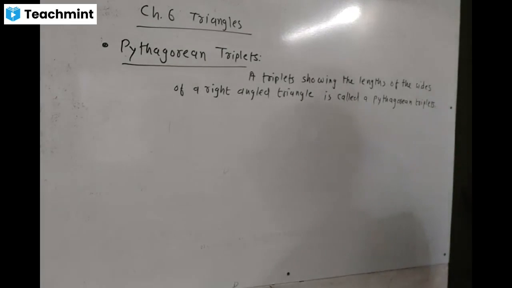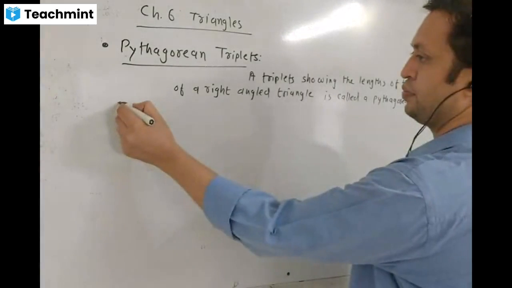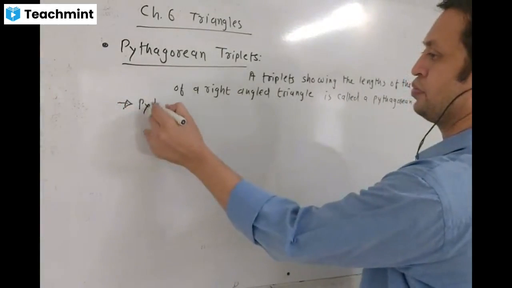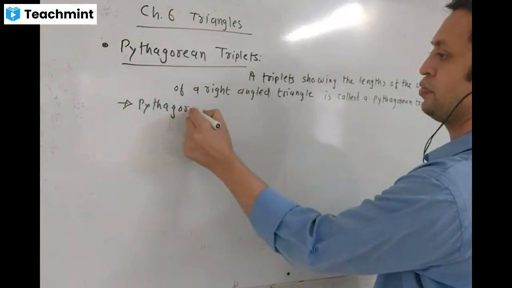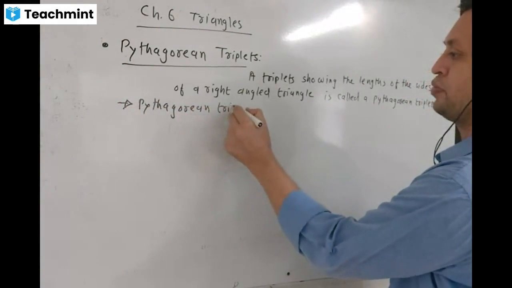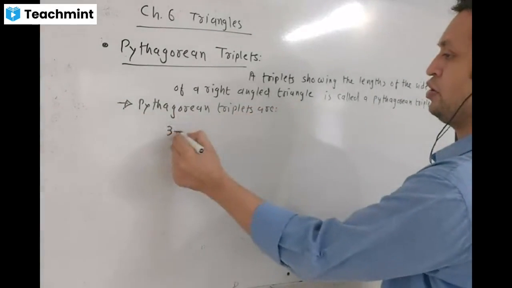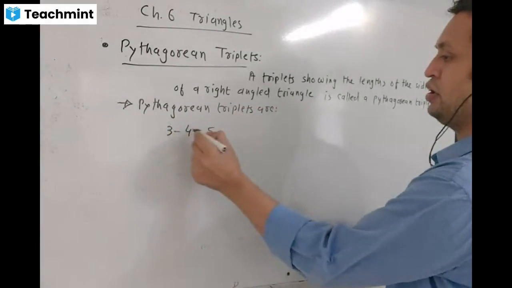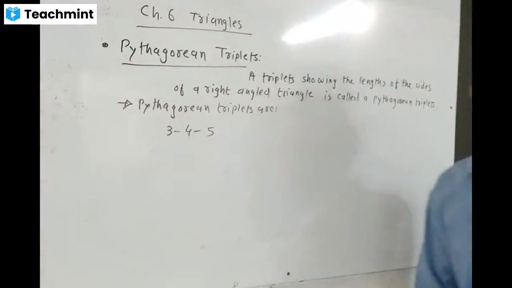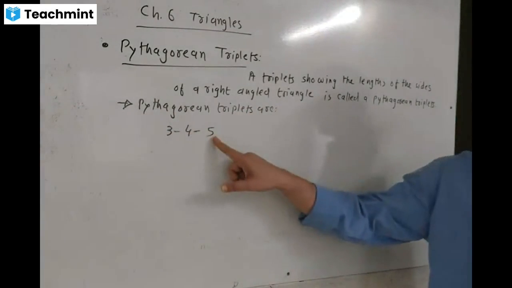The Pythagorean triplets are 3, 4, 5. The longest side is called the hypotenuse.